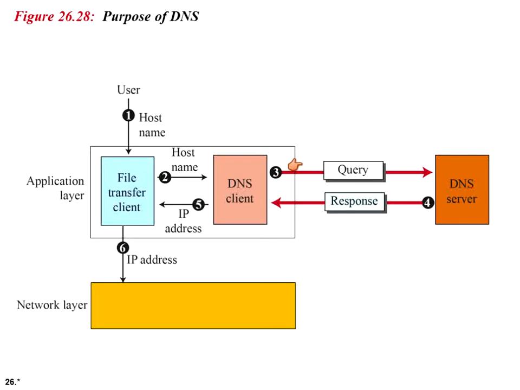Next, each computer, after being booted, knows the address of one DNS server. The DNS client sends a message to a DNS server with a query that gives the file transfer server name using the known IP address of the DNS server.